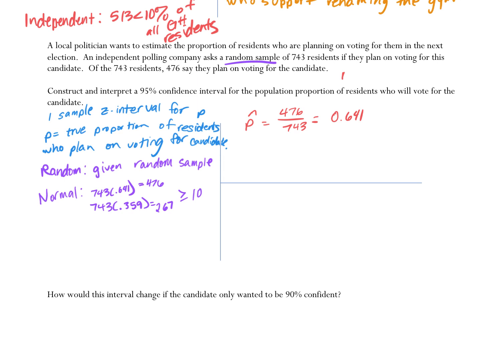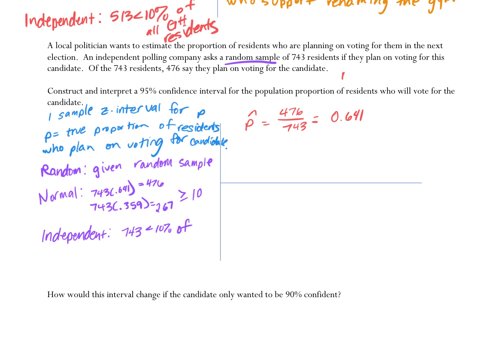What was the last one? Independent. How did we check that one? Your sample size has to be less than 10% of your population.